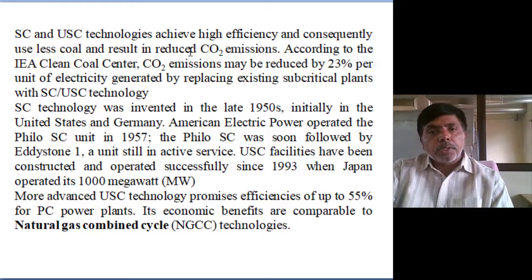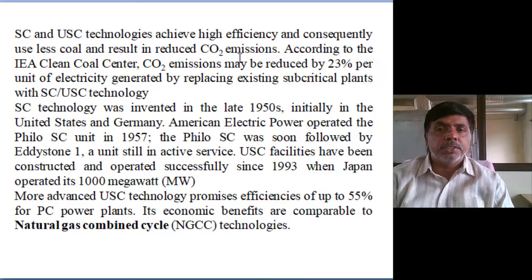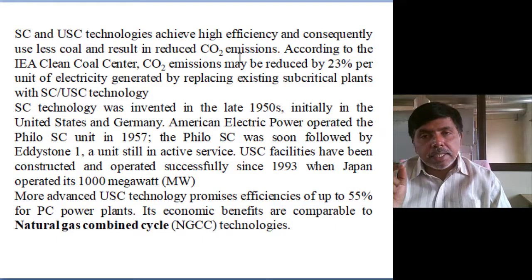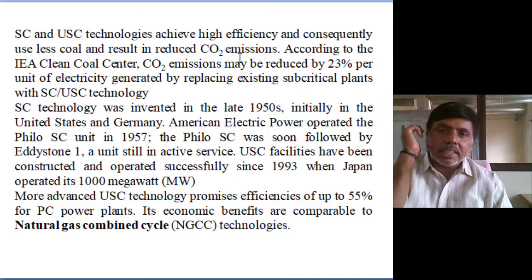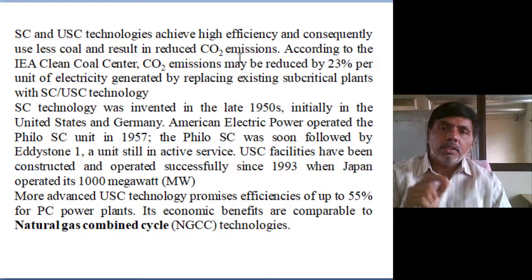Supercritical and ultra supercritical thermal power plants, on theoretical assumption, because of high efficiency, are reducing 23% of the CO2 production per unit of electrical energy generation. One unit, as all know, is 1 kilowatt hour: 1 kilowatt power used for 1 hour is called 1 unit, which is 3600 kilojoules.